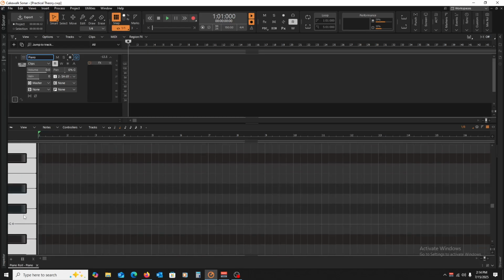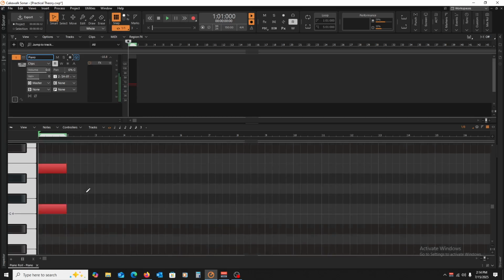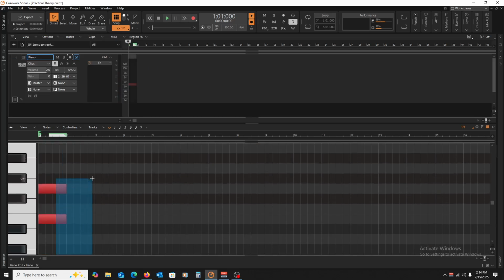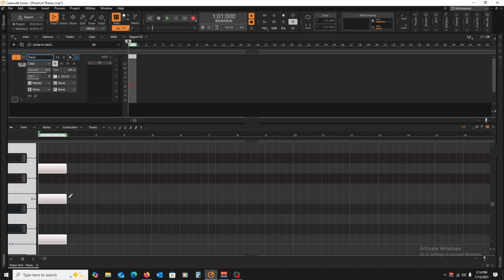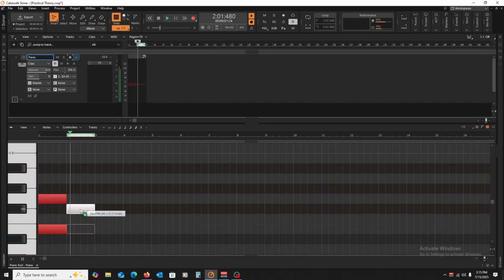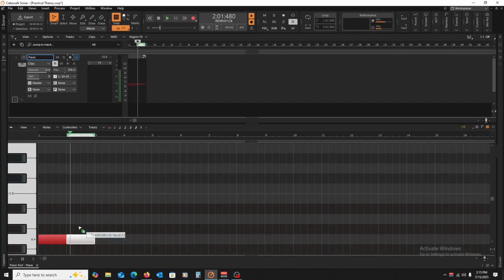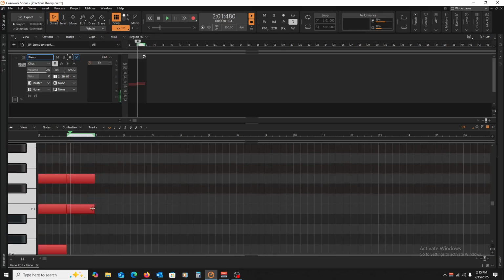But let's start with a C chord, a progression in the key of C, and we'll start our progression on C. And then maybe we'll just do an E minor. And then maybe back to a C, just to keep it simple.